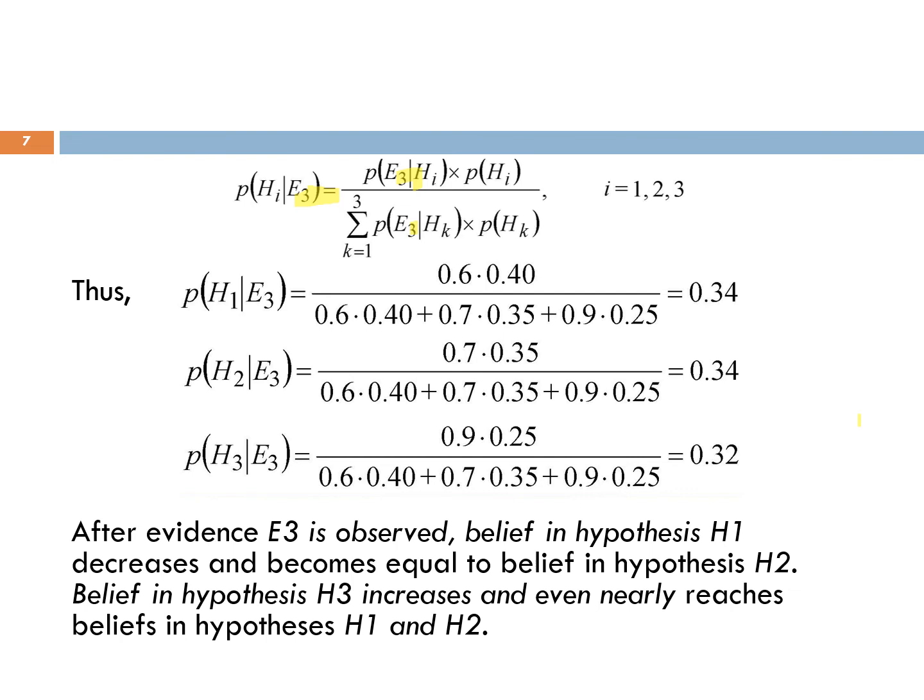The belief in hypothesis 3, 0.32, is increased and even nearly reaches the belief in hypothesis 1 and hypothesis 2. It's about the same for hypothesis 1 and hypothesis 2.